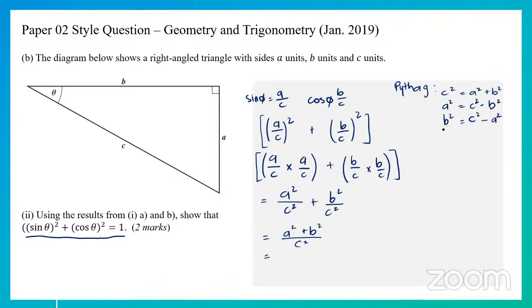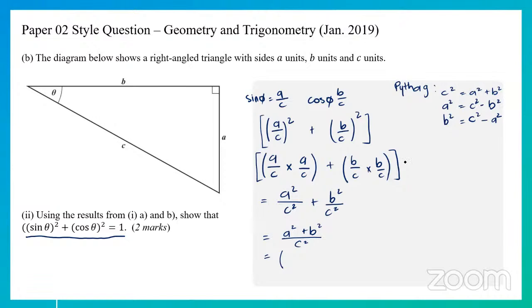And with all of this knowledge, we can bring it back down here. For any one of these, we can rewrite A in terms of B and C, and B in terms of A and C. And you would realize why we would do that in a second. So here I'm going to write A squared in terms of B and C, and I'm going to replace it with this here.